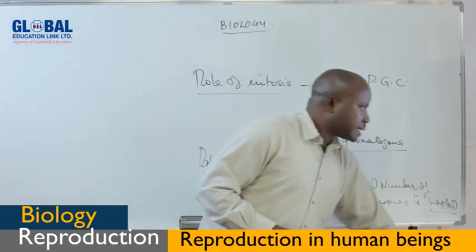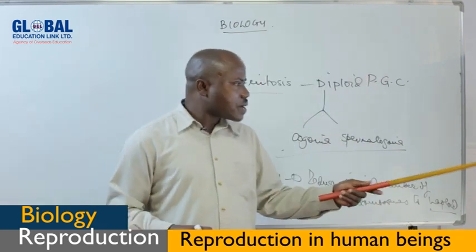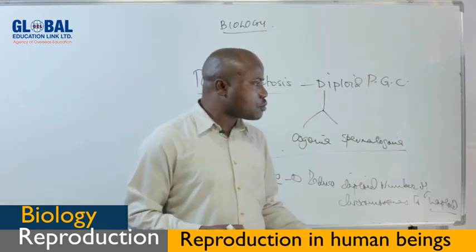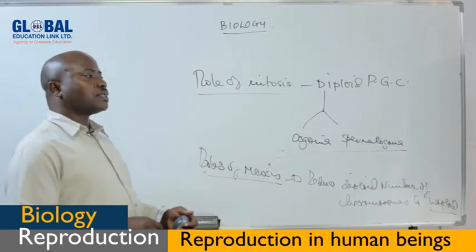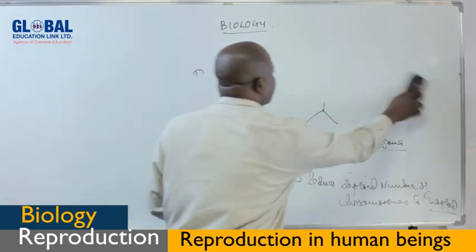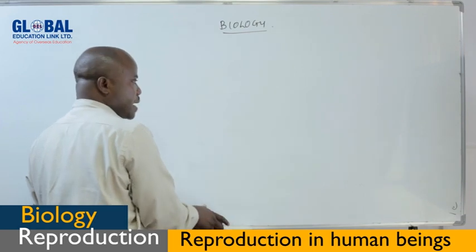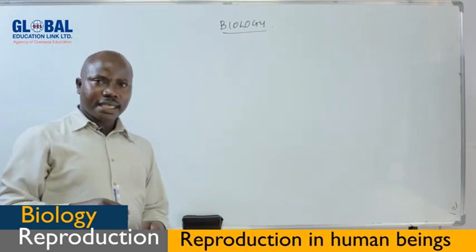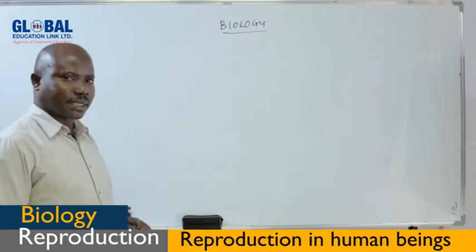Now, the second question I've said reads, how does oogenesis take place in the human reproductive system? Here is just to remind you that oogenesis, as we said, has important stages.